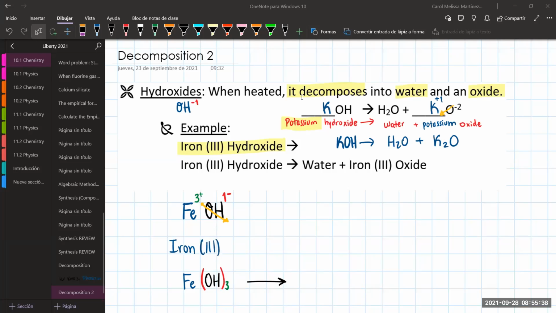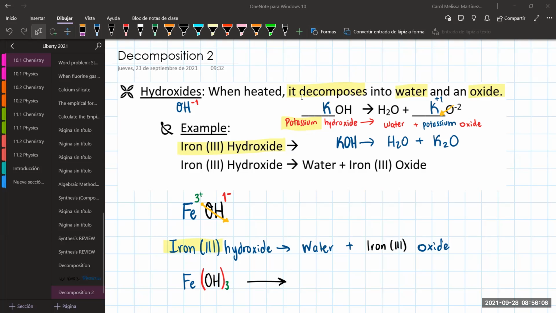Iron 3 hydroxide, according to the rule, will produce water and oxide. What kind of oxide? It will depend on the cation. The cation is iron 3, so the product will be water plus iron 3 oxide.